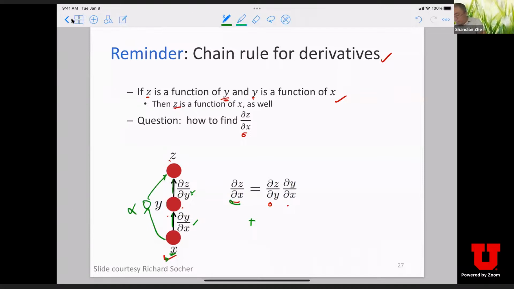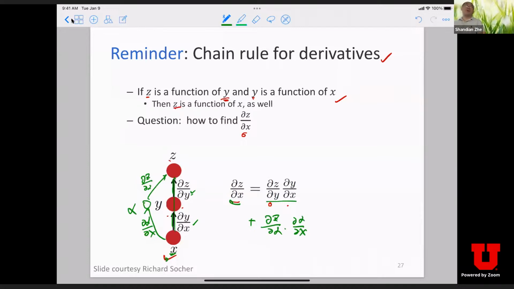Here we know this edge will be partial z over partial alpha, and this edge will be partial alpha over partial x. So in addition to the product along this path, we're going to add a product along another path, which is partial z over partial alpha times partial alpha over partial x.